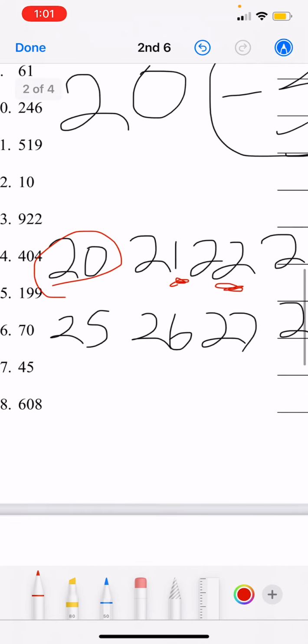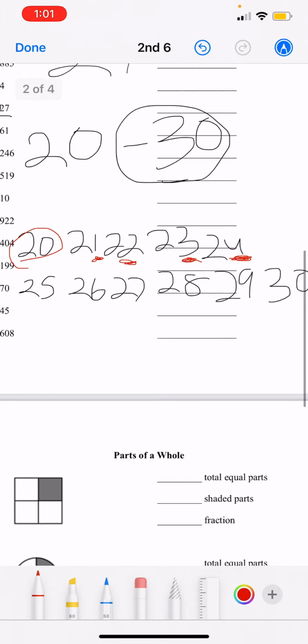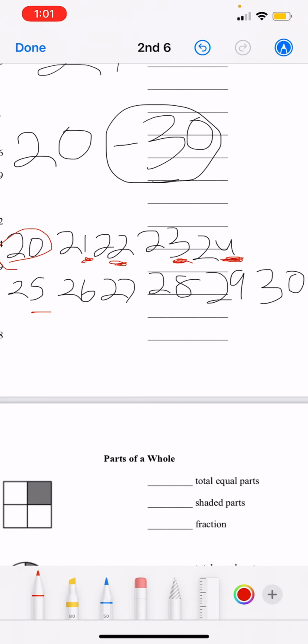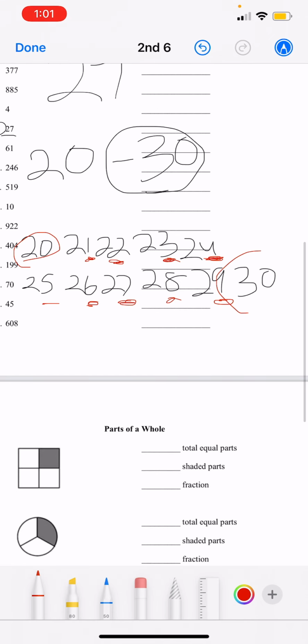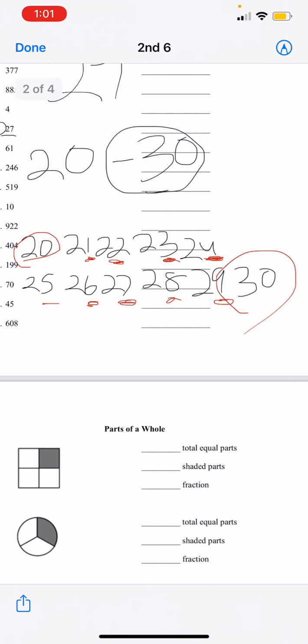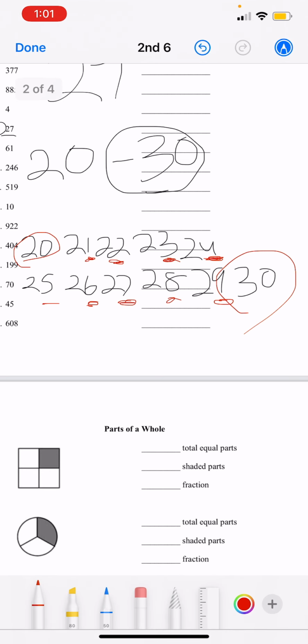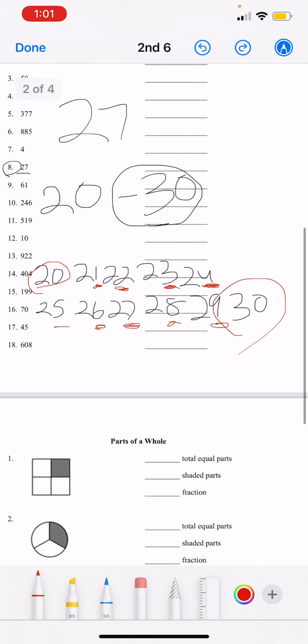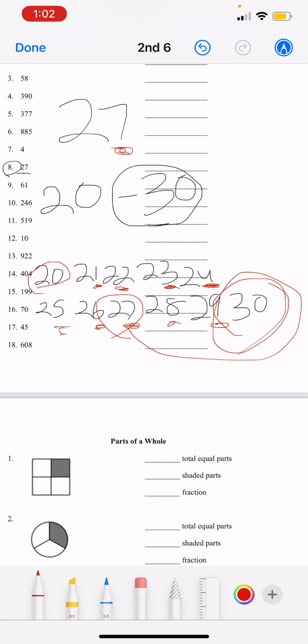However, if the number has a 5, 6, 7, 8, or 9 in the ones place, then it will be rounded to 30. It's simply just that. And 27 has a 7 in the ones place. So because it has a 7, it is going to be rounded to 30.